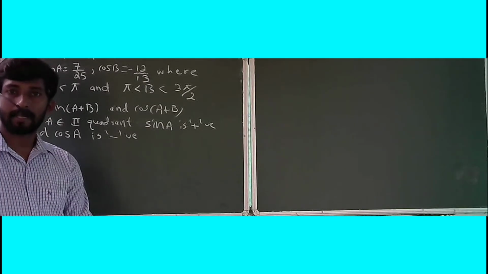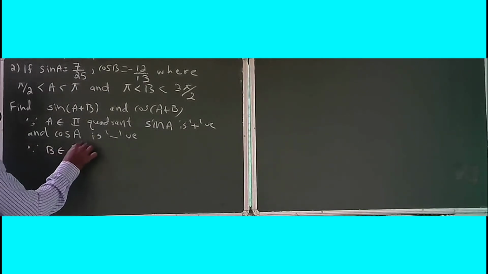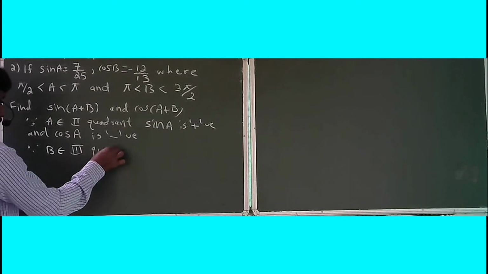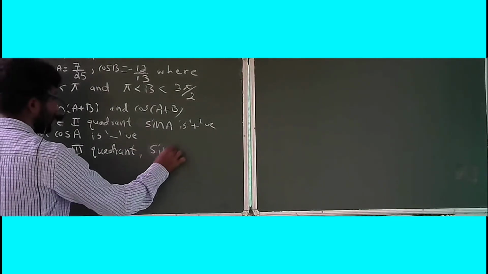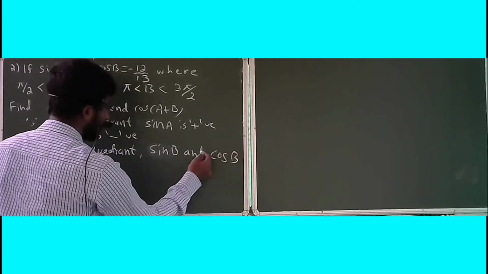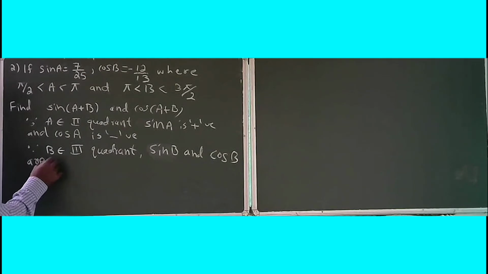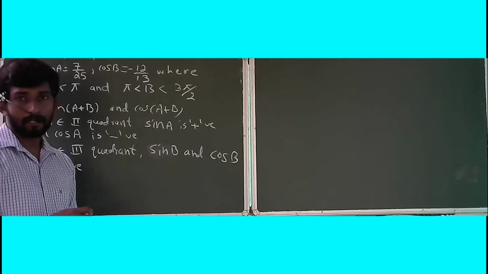Cos of that angle A is negative. Then see, since B belongs to the third quadrant, okay, sin B and cos B are negative, right? Because B is in the third quadrant, both sine and cos are negative.